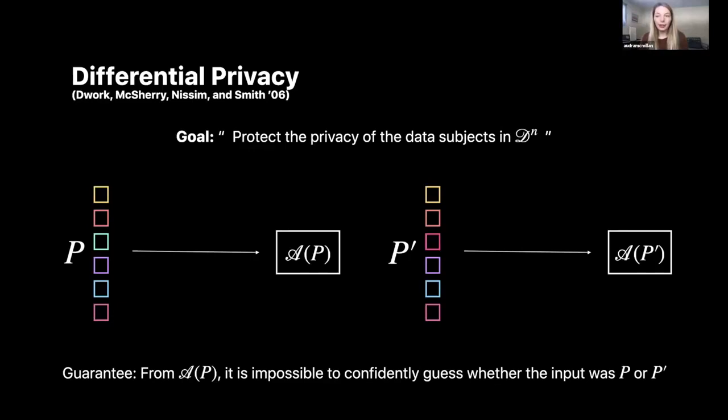We say that this mechanism A protects privacy if, from the output, it's impossible to confidently guess whether the input was P or P prime. This protects the privacy of this individual because we can't tell whether their data was green or pink.